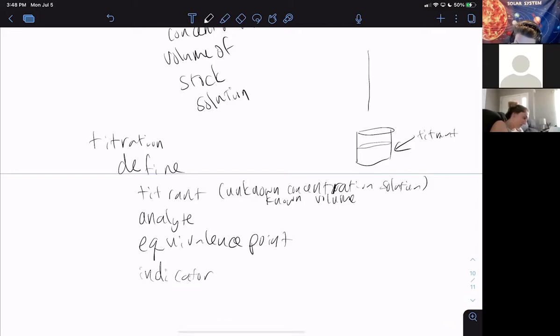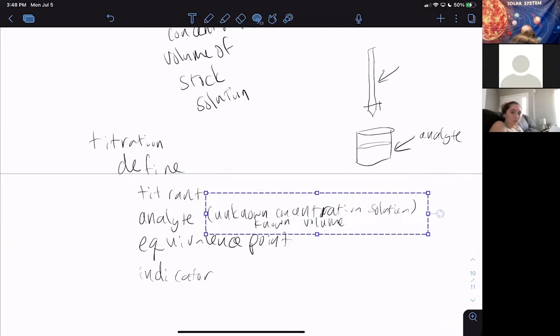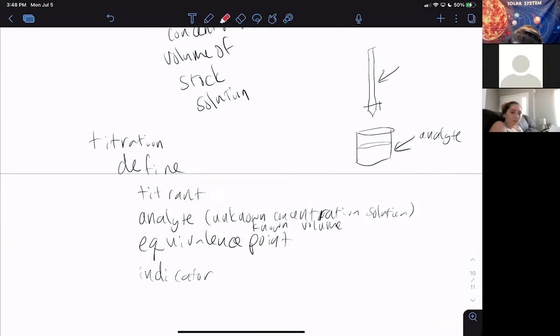And then we have our, oh my God, I screwed that up. That's our analyte. Sorry about that. That's the analyte. Our titrant is a thing that gets titrated.